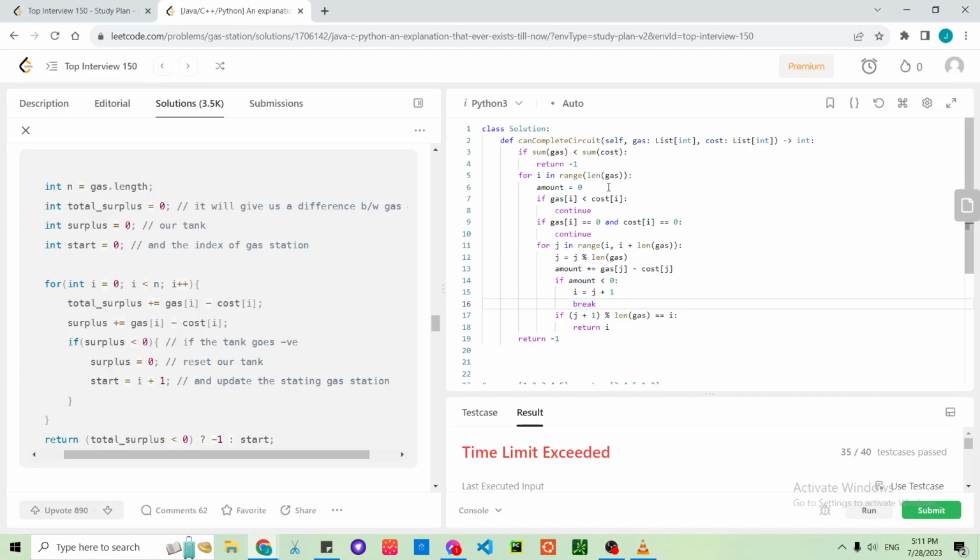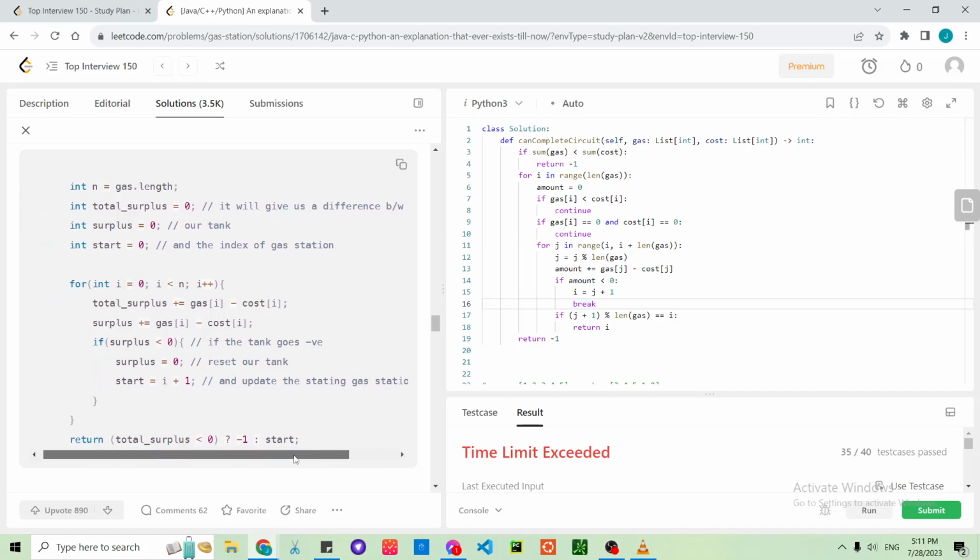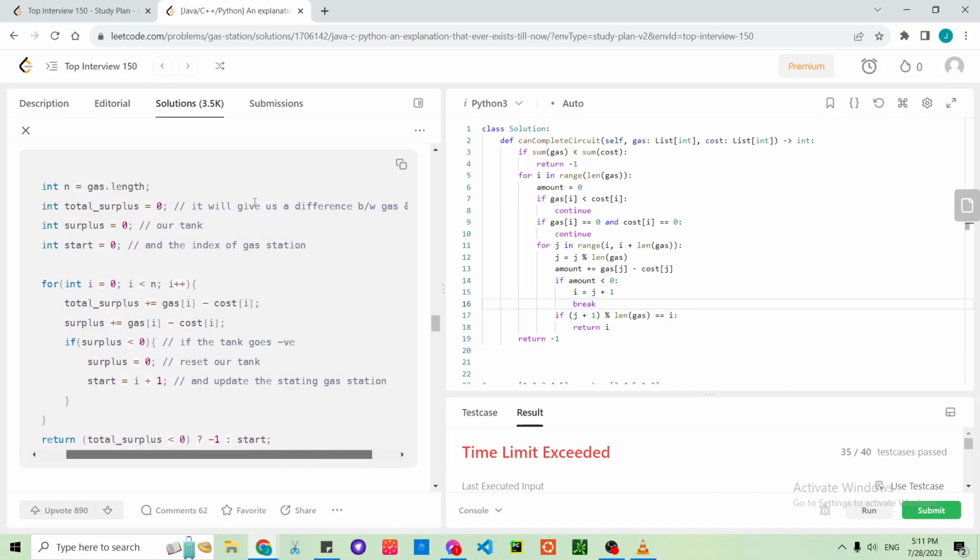So total surplus. What is this total surplus and surplus? What's the difference?